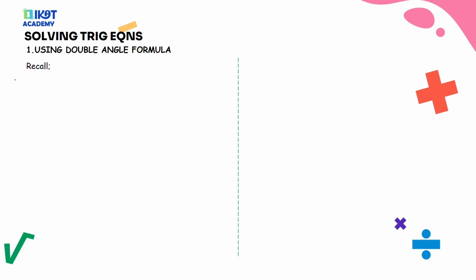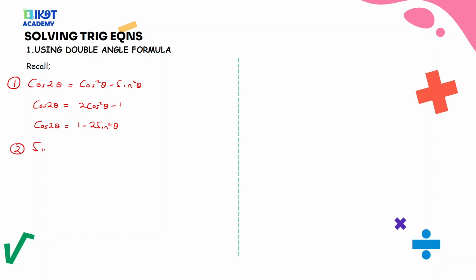So recall from the double angle formula we had cos 2 theta was equal to cos squared theta minus sine squared theta, but also cos 2 theta is equal to 2 cos squared theta minus 1, but also cos 2 theta is equal to 1 minus 2 sine squared theta.